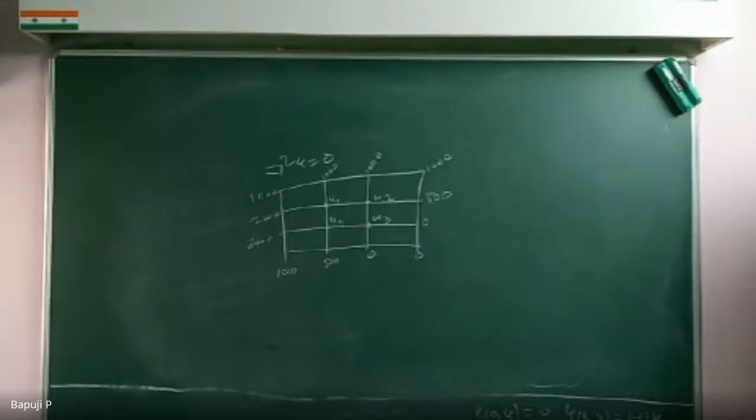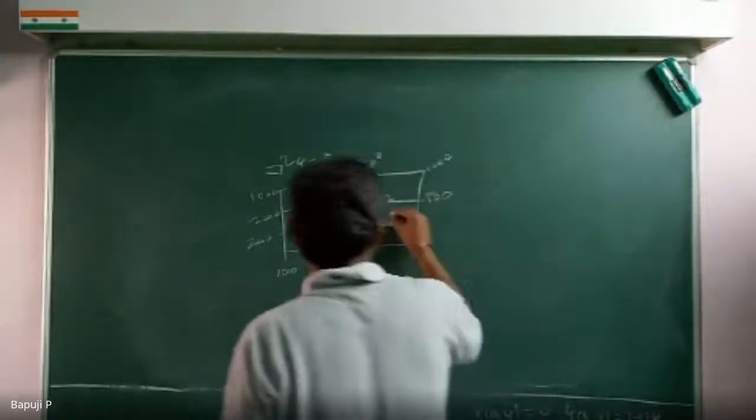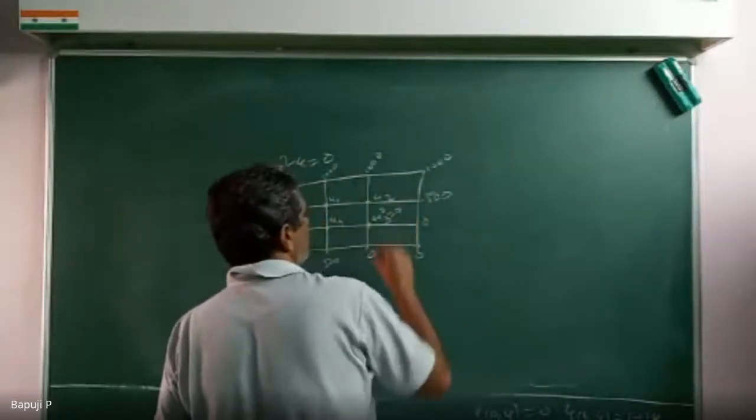In this problem, we can assume any one value as 0. Let me assume U3 is equal to 0 initially, so U3 of 0 is equal to 0.